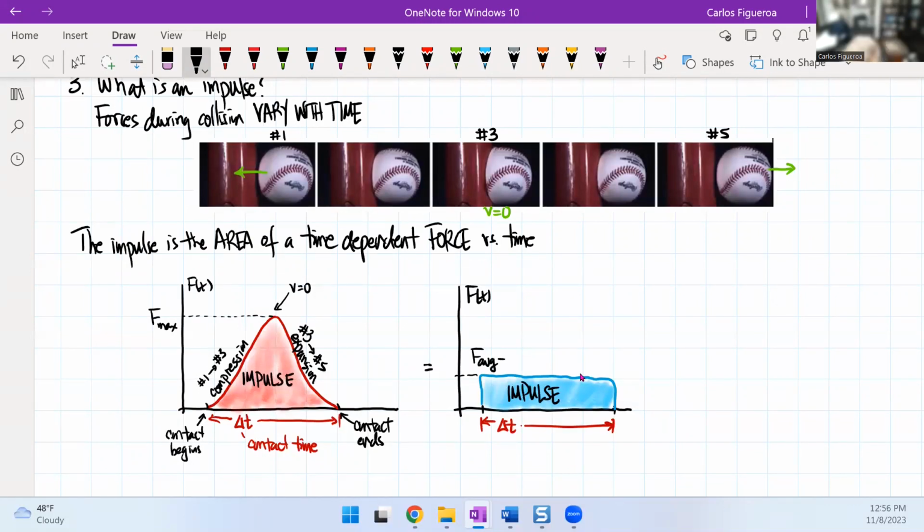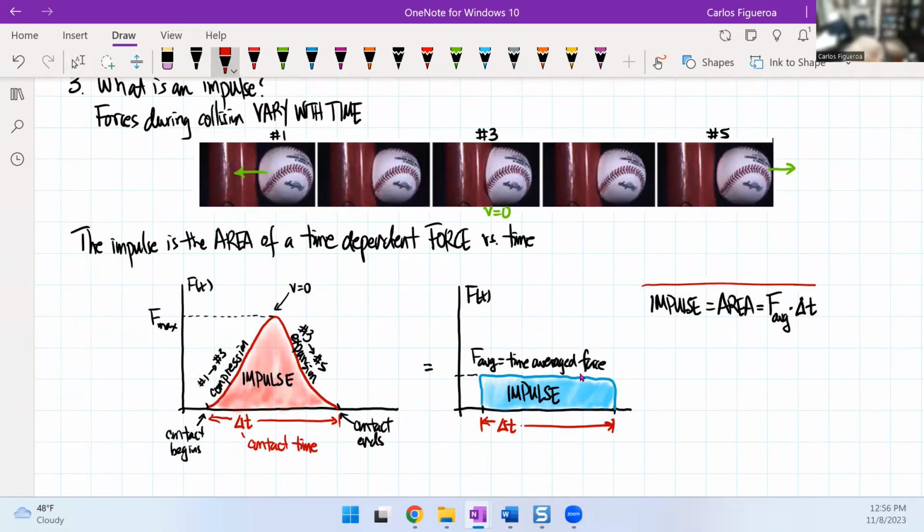If we do this, this is what we call the average. I should be careful here. I should say the time averaged force. And so what the fundamental theorem of integrals says is that the impulse, which is the area of this curve, which is typically quite complicated because you have to parameterize a curve that's not nicely uniform like this, is equal to the time average force times my contact time.